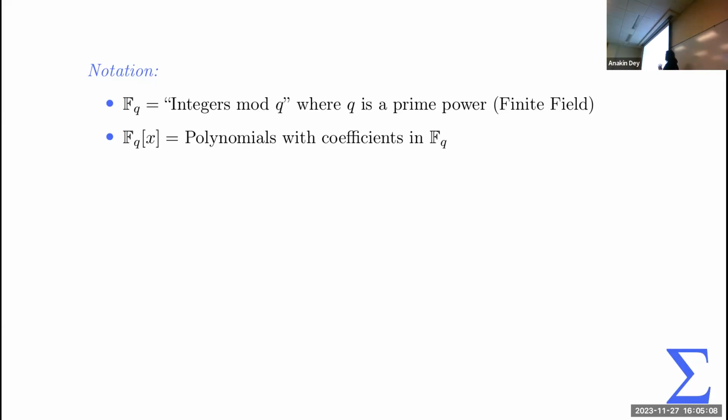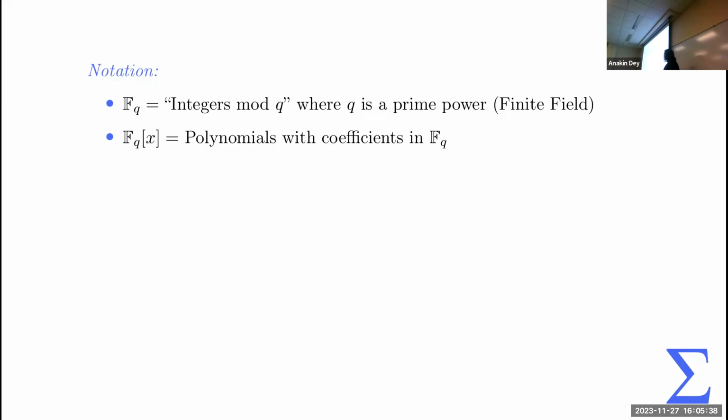It turns out you can do this for something mod p squared or p cubed, and I'm not going to go into details of that. It doesn't really matter for this. The point is, we're going to be working over finite fields. So if you're comfortable with modular arithmetic, then for all intents and purposes, you can just think of it as a normal prime, like mod 7 or mod 11.